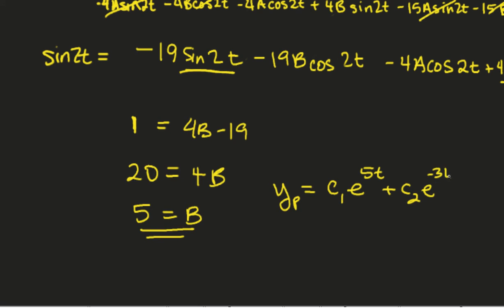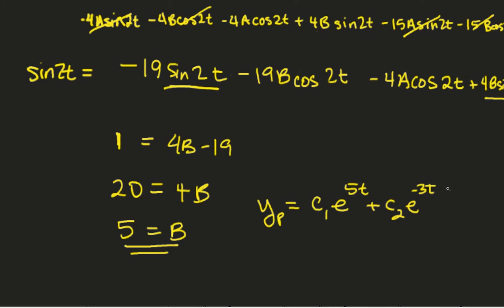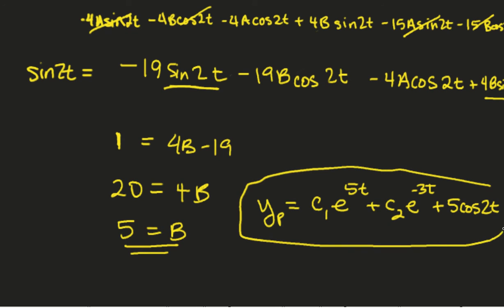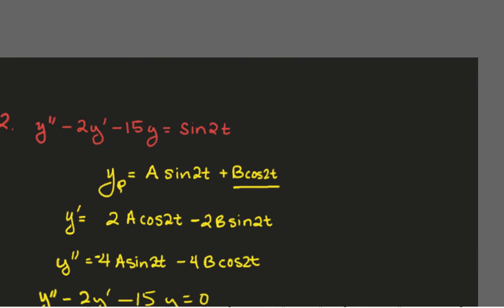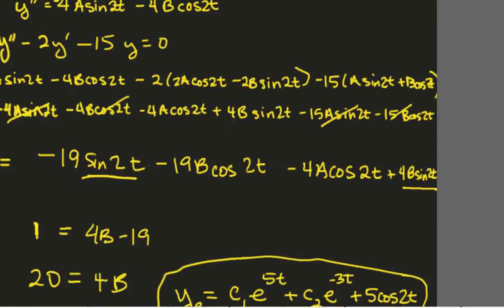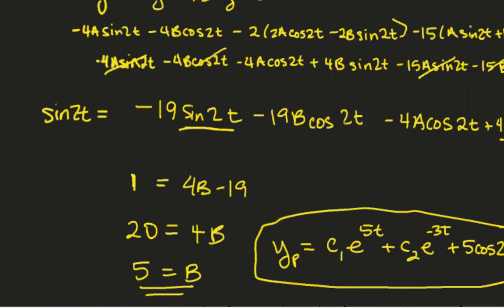That's not what this video is about. And then you would write plus 5 cosine 2t, and that would be your solution. Okay? Even though we start out with sine, we have a cosine.